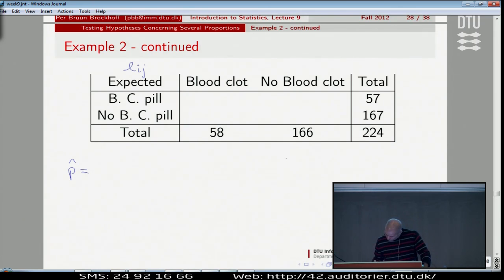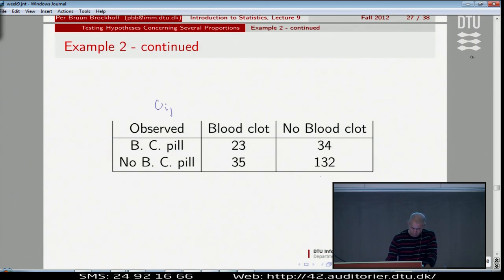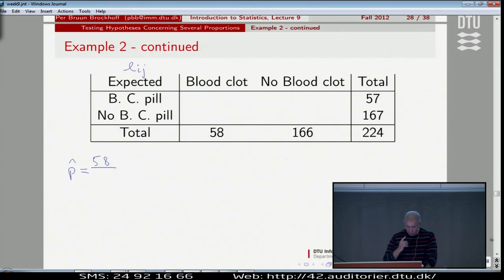All in all, I had 58 with a disease here. 58 out of 224. What is this percentage?